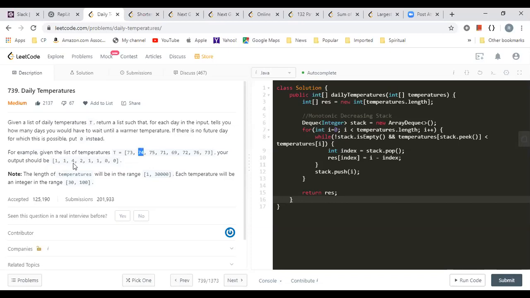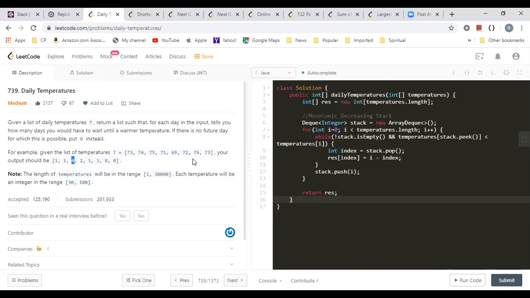For 74, it will again be 1 because 75 is the next warmer day. Here is the interesting one, 75. For 75, you have to wait through 71, 69, 72, and then 76. So there are 4 days before you get a warmer day. That's why for 75, this value is 4, and so on.